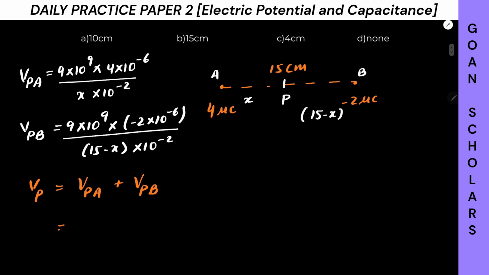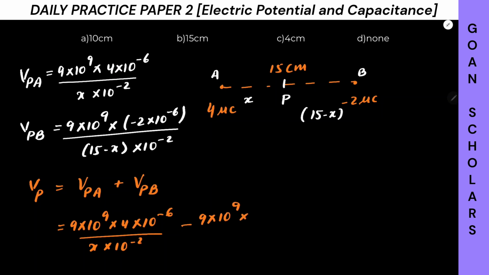Potential due to A will be 9 into 10 to the power 9 into 4 into 10 to the power minus 6, whole divided by x into 10 to the power minus 2. Plus, due to this negative sign, we will have minus 9 into 10 to the power 9 into 2 into 10 to the power minus 6, whole divided by 15 minus x into 10 to the power minus 2.